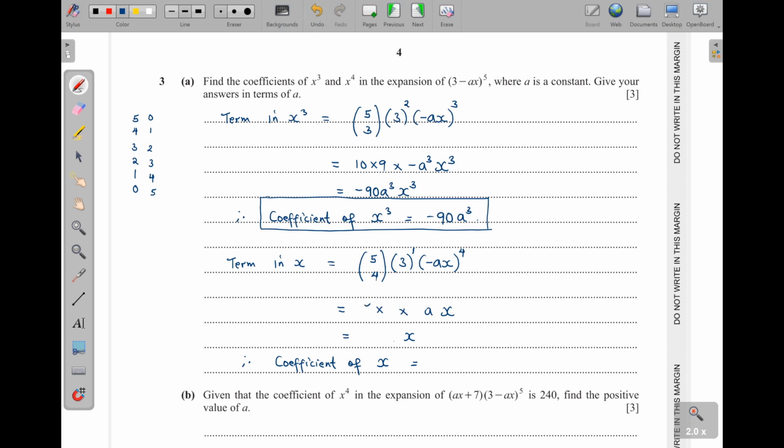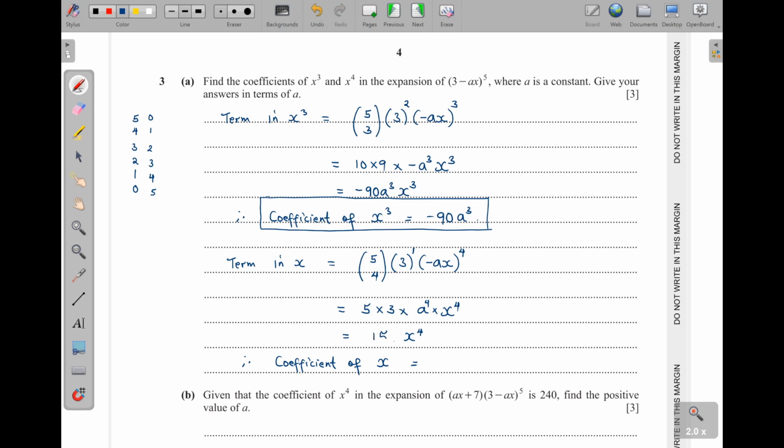5 combination 4 is a 5. Then 3 power 1 is, of course, 3. Even power of a negative is a positive. So we shall have here a to the power of 4. Okay, so times a to the power of 4, then times x to the power of 4. So here we shall have x to the power of 4, and then this one is 15.